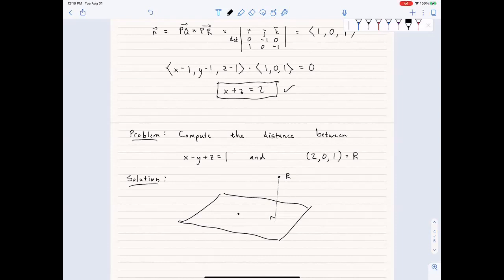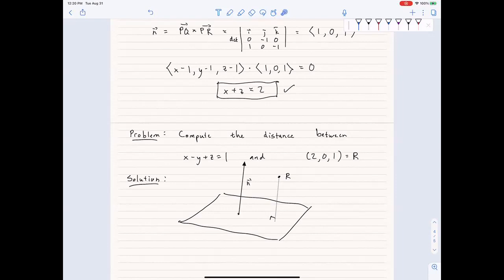But that has a familiar ring to it, right? Perpendicular to the plane. Because in fact, we know that this normal vector that we have for the plane should be a vector that is indeed perpendicular to the plane. So maybe shorter or maybe longer. Let's say it's longer. So this is going to be our n. So to solve this problem, just like with the problem with lines, you need to extract that normal vector from the equation.